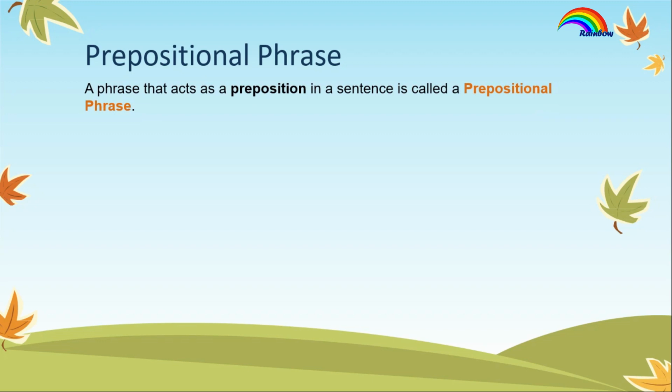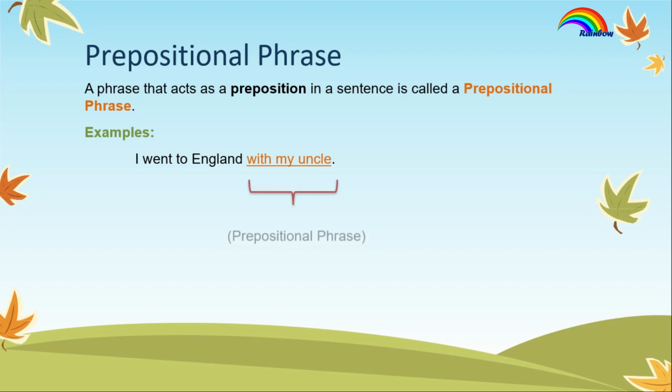Prepositional phrase. A phrase that acts as a preposition in a sentence is called a prepositional phrase. Examples: I went to England with my uncle. Here, with my uncle is a prepositional phrase.